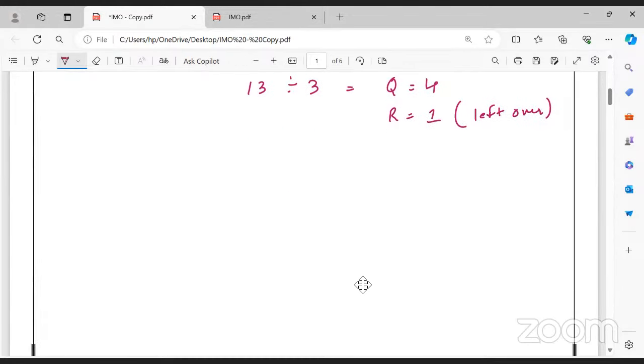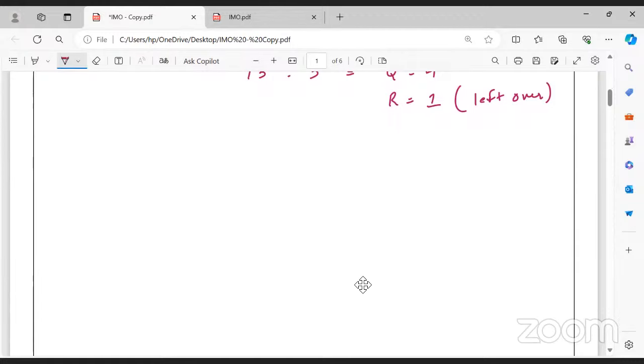Fine. Now I'm coming to the next part. When you do addition, I want to start the topic with some fun thing. Do you know there is a poem for addition? What is that poem? Anybody who knows?